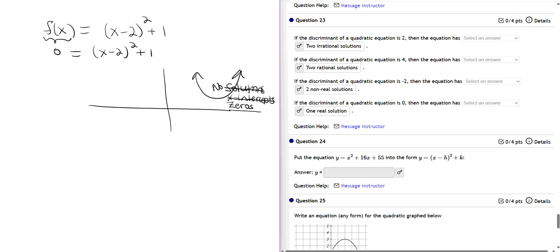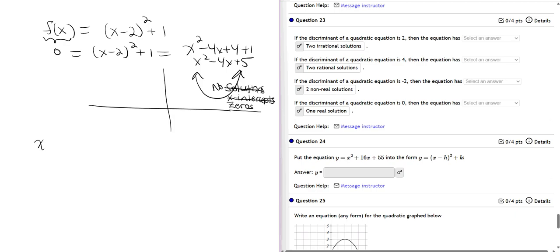And if you were to multiply this out, you would get that.